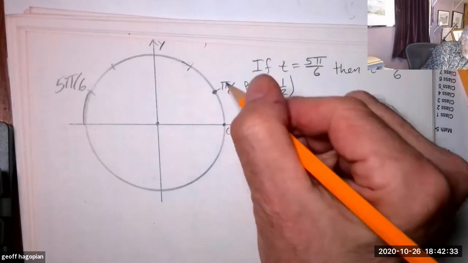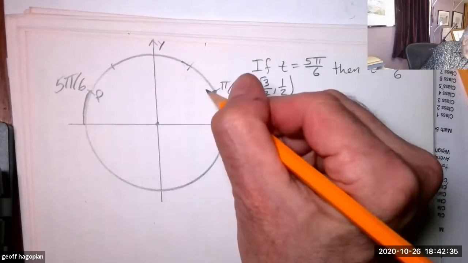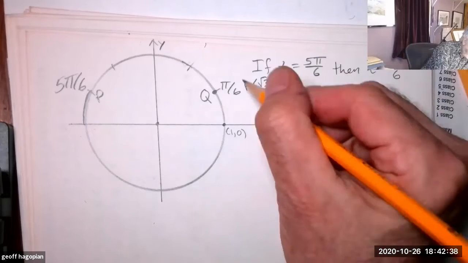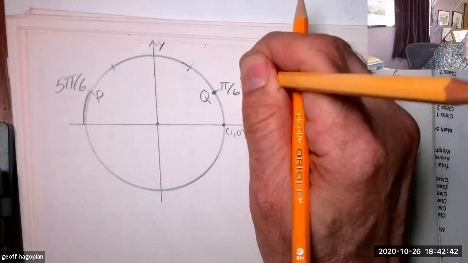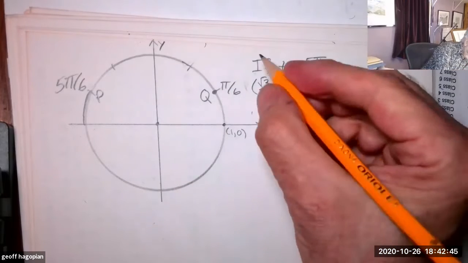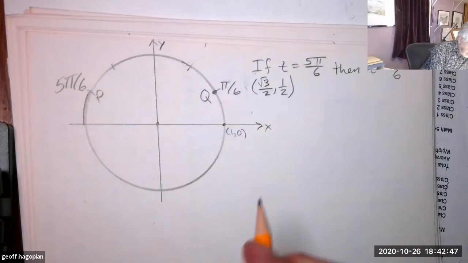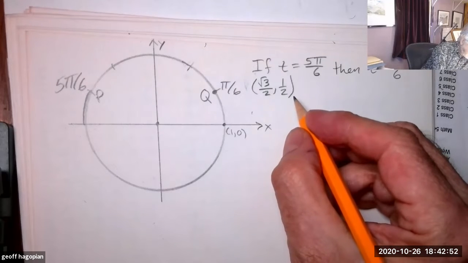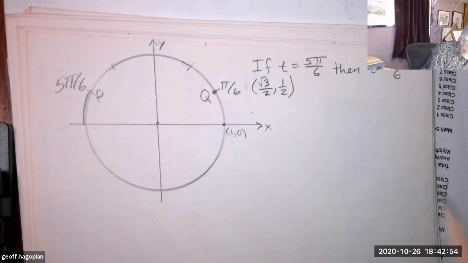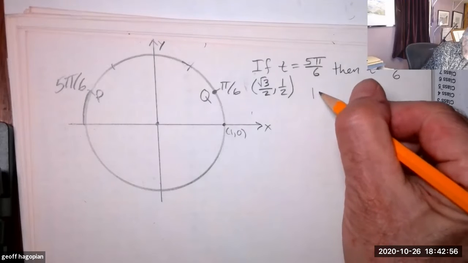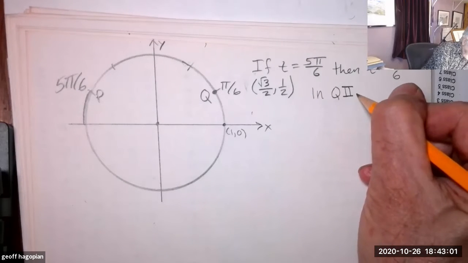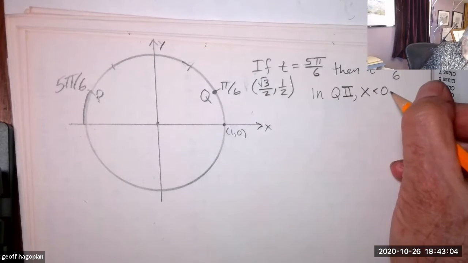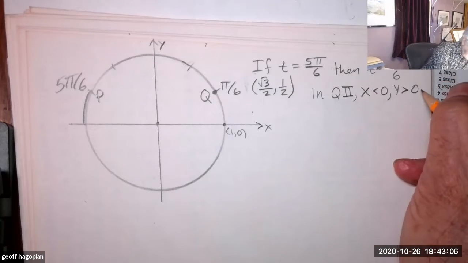And so if this is P, then this is Q in the first quadrant. Oh, sorry, I should be using Q here then, right? The terminal point for the reference number has these coordinates. And we know that in quadrant 2, x is negative and y is positive.